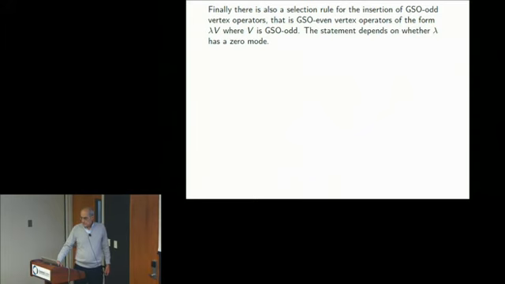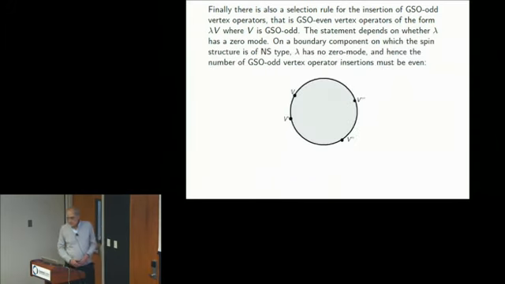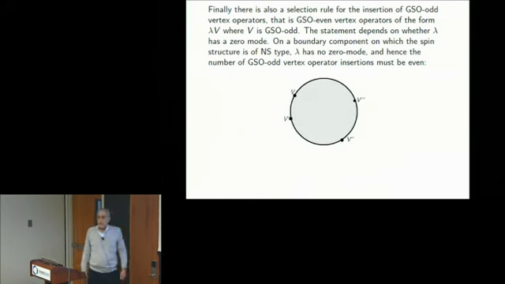Finally, there's also a selection rule for the insertion of GSO odd vertex operators. Remember, a GSO even vertex operator of the form lambda V, where V is GSO odd. So when I say the operator is GSO odd, I mean the conventional part of the operator is GSO odd. The statement we want to make depends on whether lambda has a zero mode. On a boundary component where the spin structure is of Neveu-Schwarz type, that means antiperiodic, lambda has no zero mode.